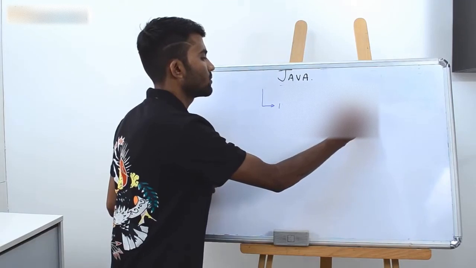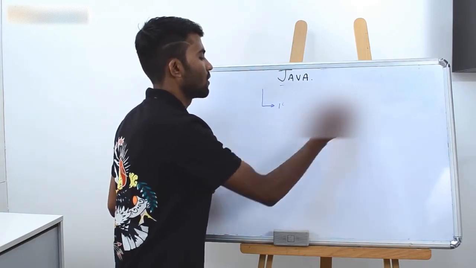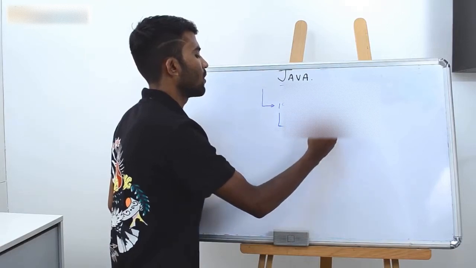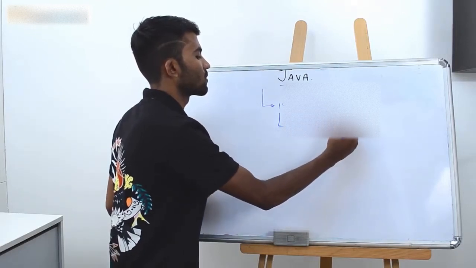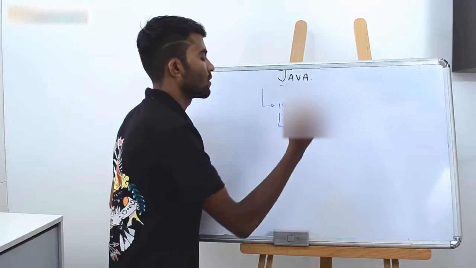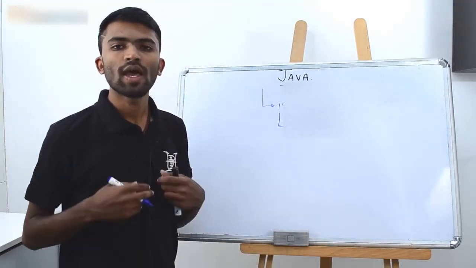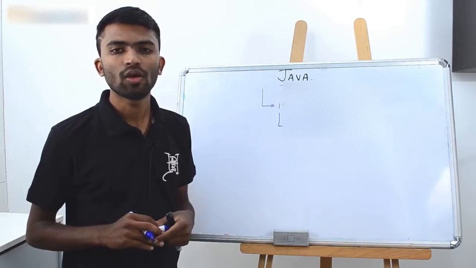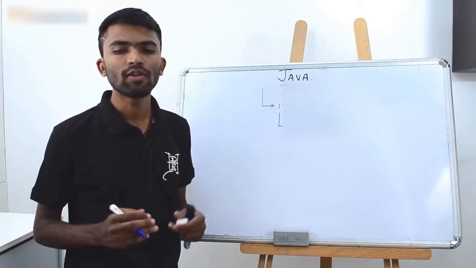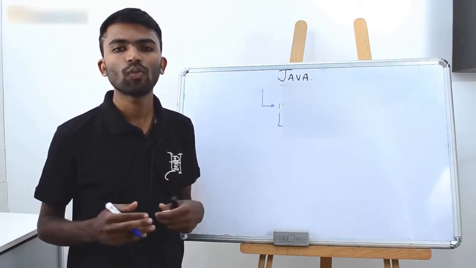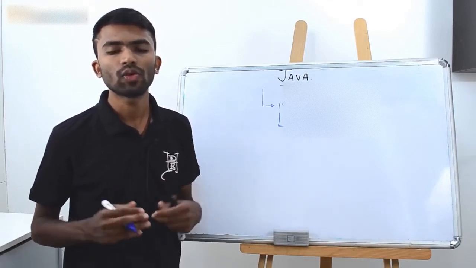Later it was owned by Oracle Corporation. Java we call platform independent, or write once run anywhere. Going forward we'll see what made Java come into existence.